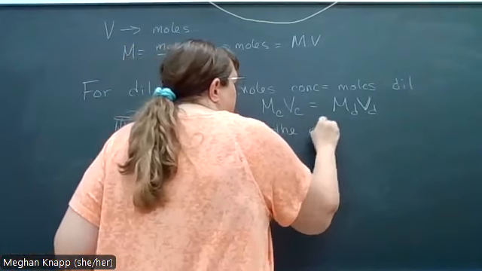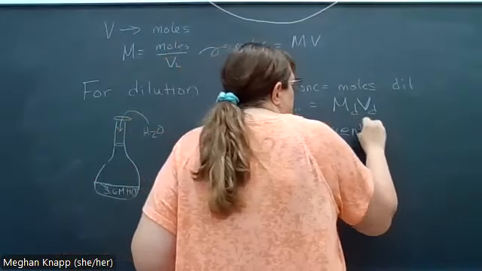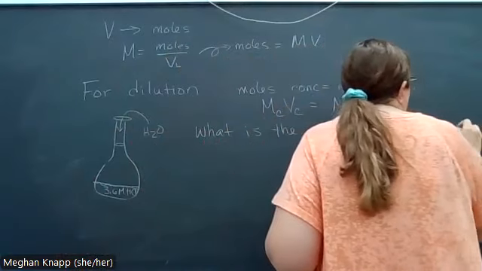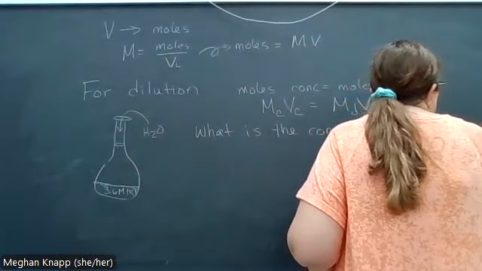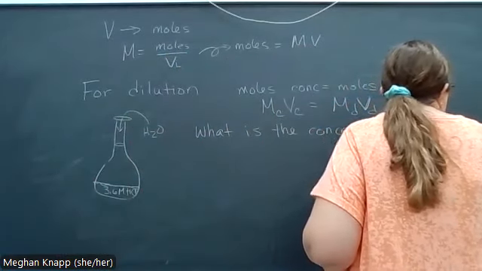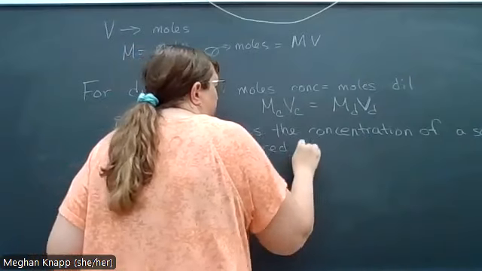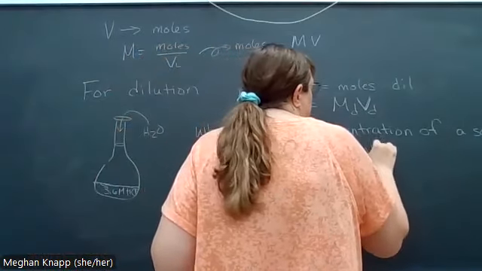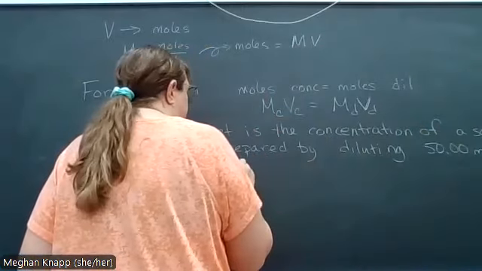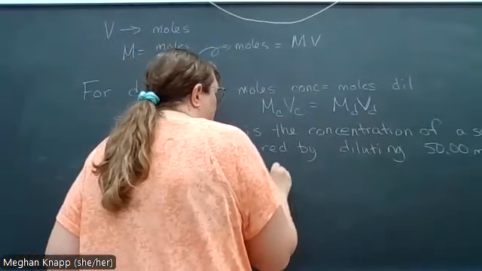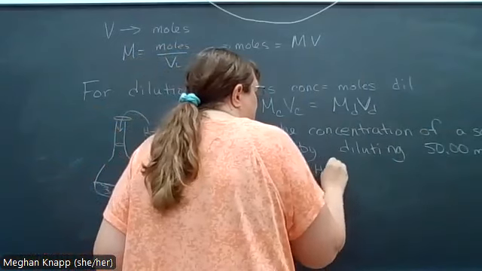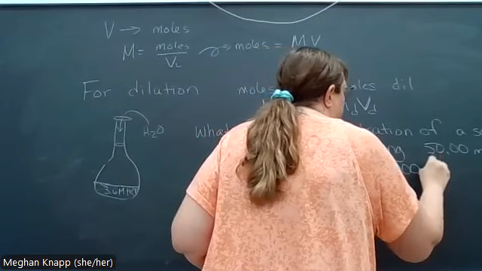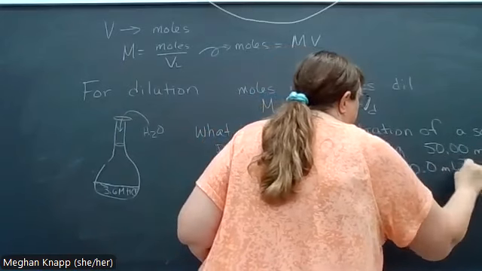Okay. So what is the concentration of a solution prepared by diluting 50 milliliters of 3.6 molar HCl to 100 milliliters?